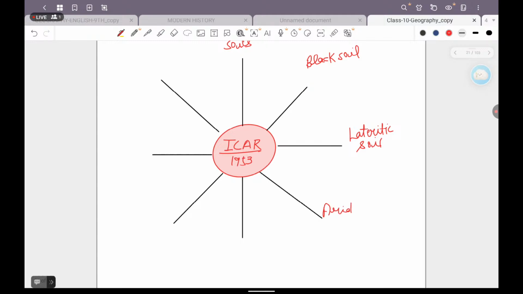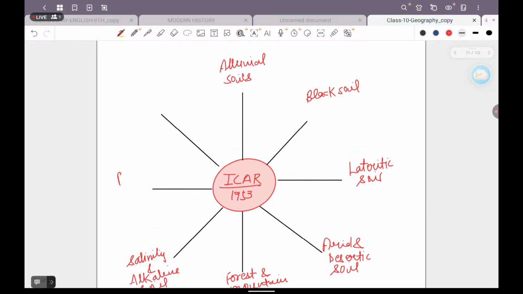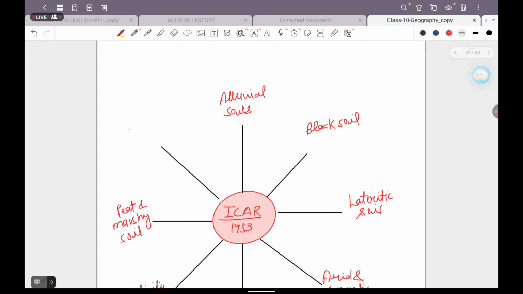Then the fifth is the forest and mountain soil. Then there is the saline and alkaline soil, the peat and marshy soil, and the red soil.